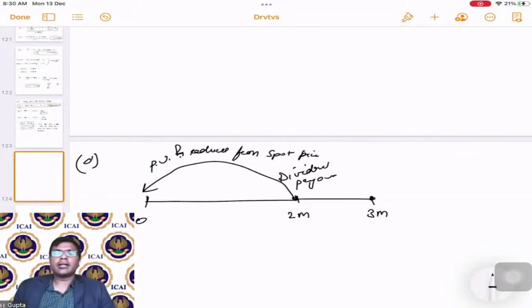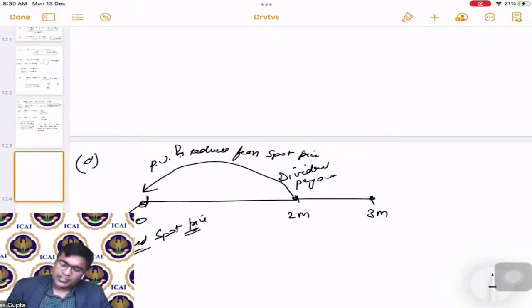Correct? The moment we do the present value and reduce it from the spot price, we can understand what is the revised spot price, and we will use that in our Black-Scholes model.